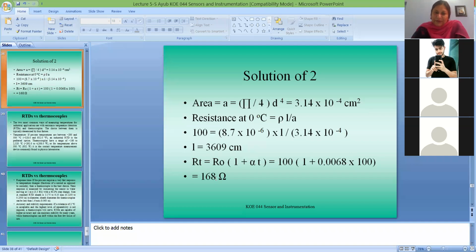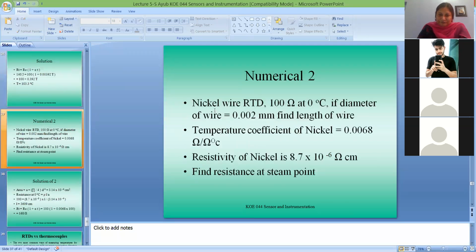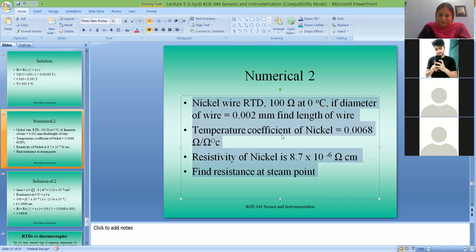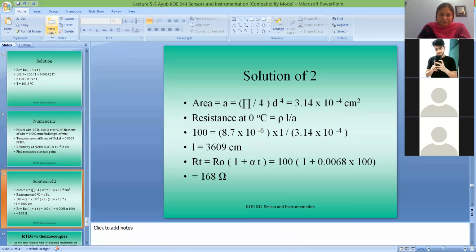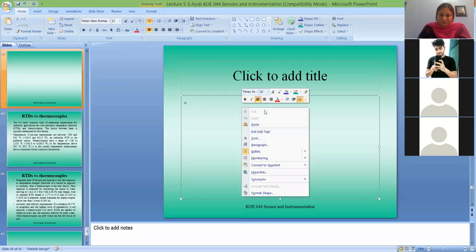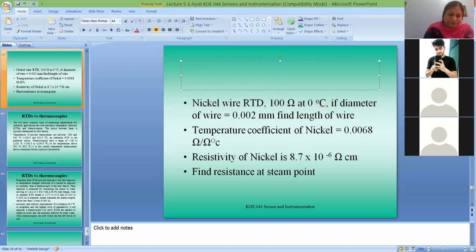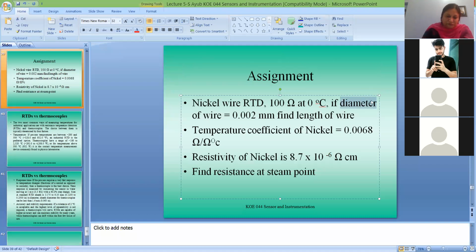Okay. So you take down one example where the radius is given as 0.002.